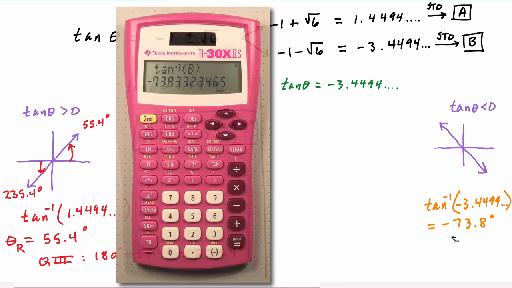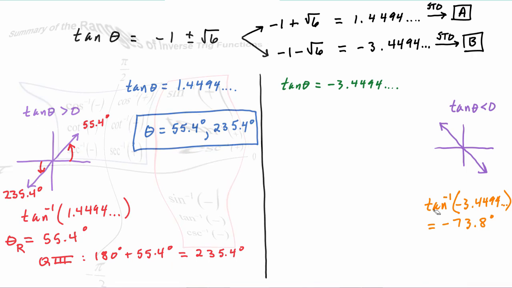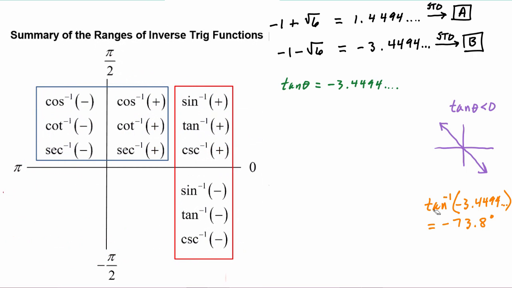Now, you have to recognize that this is not one of your answers. And this is because the calculator only knows that tangent inverse lives from, in degrees, negative 90 to positive 90. And that's all your calculator is able to output.